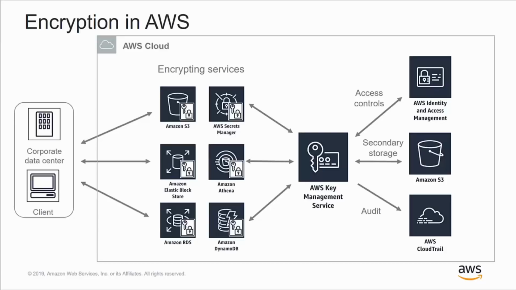That itself is tied to universal mechanisms such as identity and access management through IAM, secondary storage in extremely resilient data stores, so 11 nines of durability, and then a consistent audit trail capability through CloudTrail.